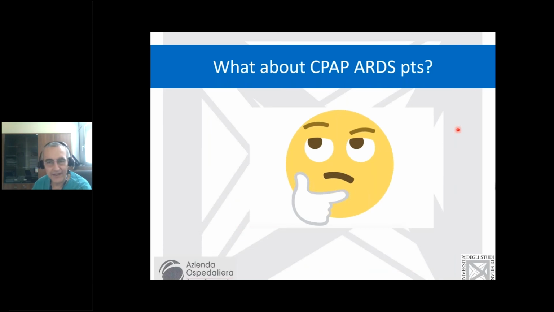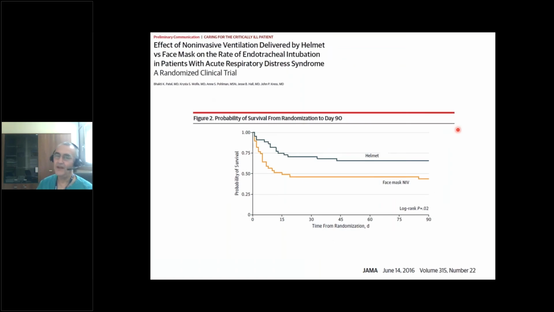I do like CPAP as a method to treat patients with ARDS before intubation, to avoid intubation. And the evidence that CPAP is dangerous is lacking. This is a study with the helmet. You know, in Italy we are also fanatic about helmet CPAP, in which the helmet is better than the face mask in patients with acute respiratory distress syndrome.